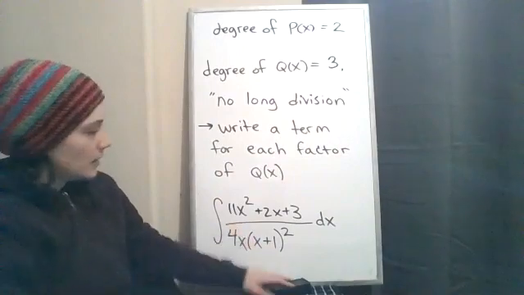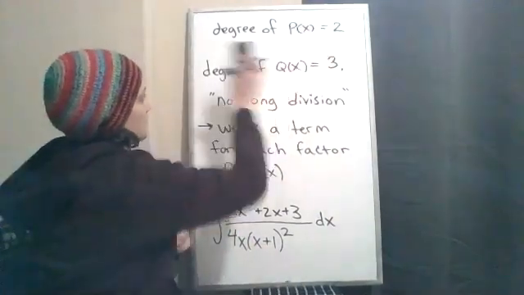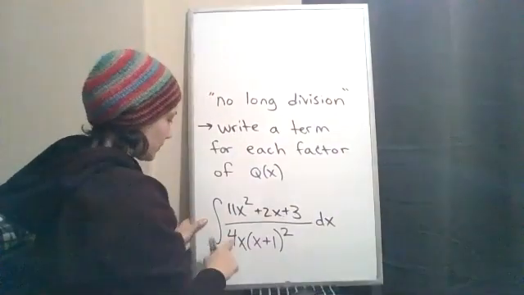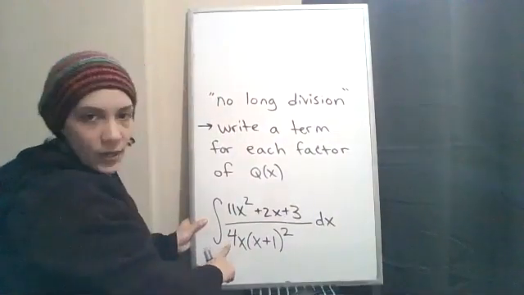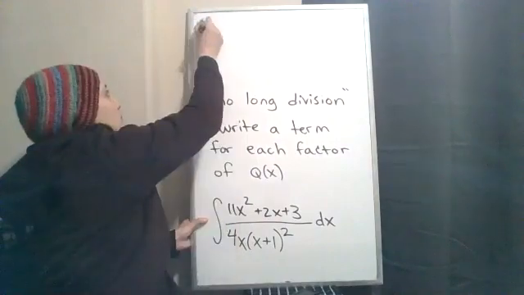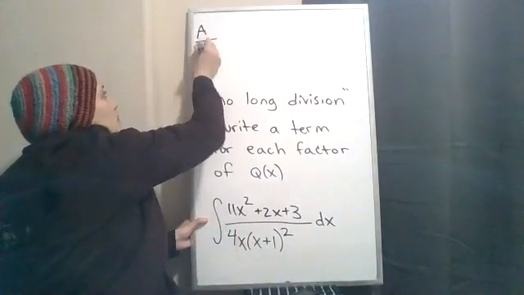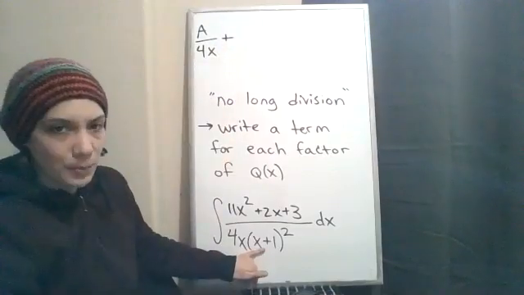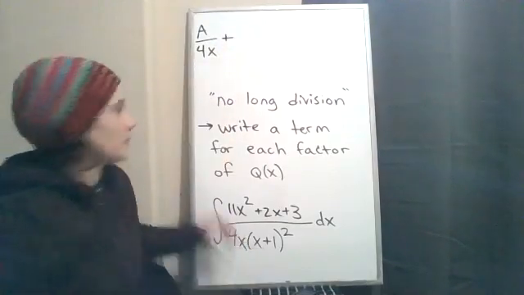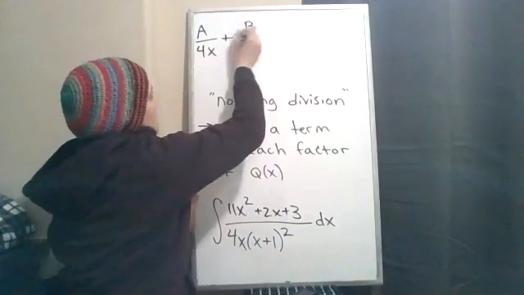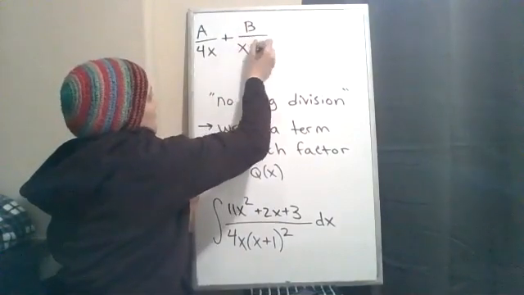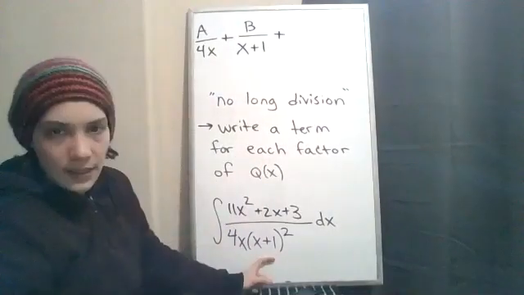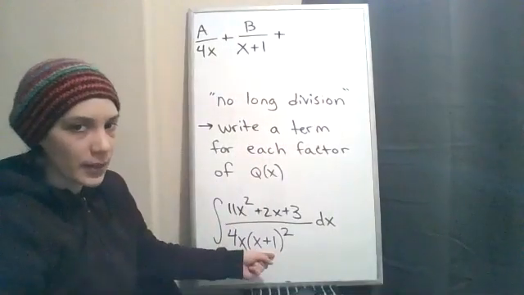So I have something like this: a over 4x, add b over x plus 1, and add c over x plus 1 squared.